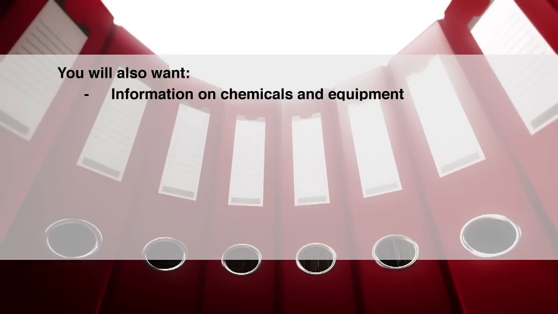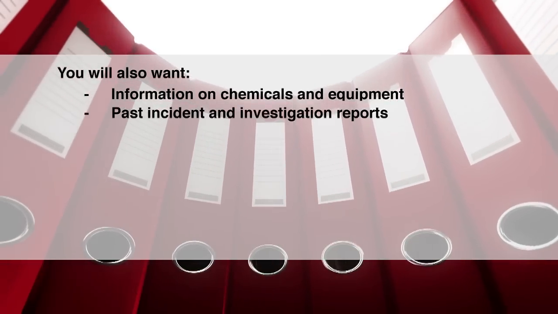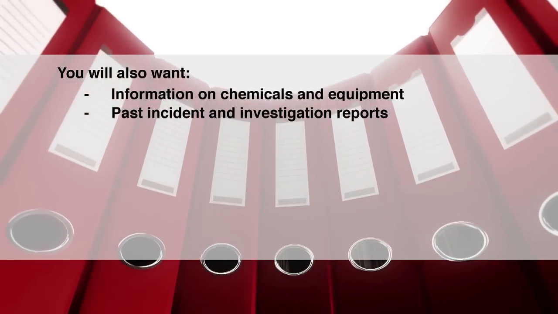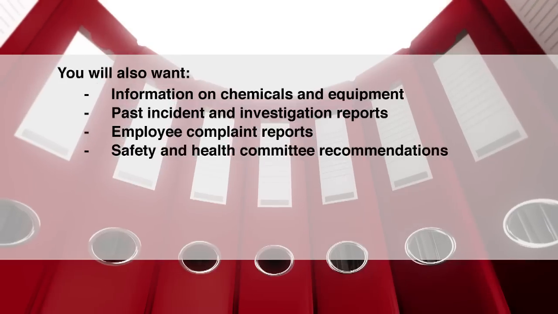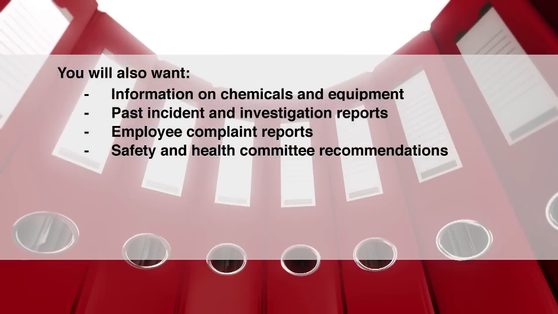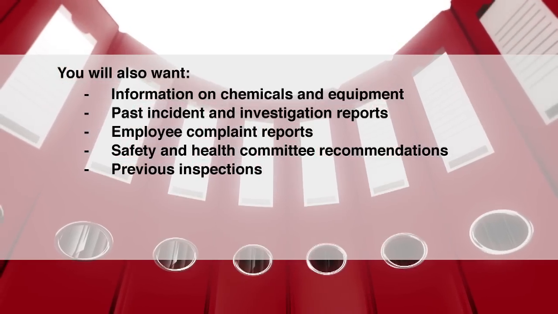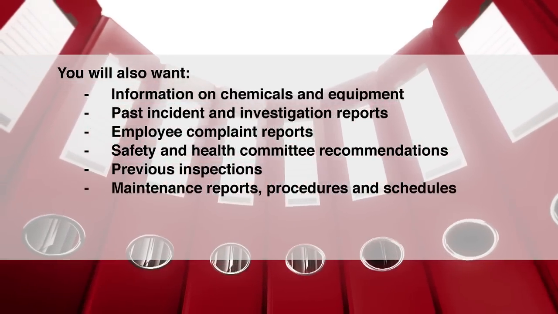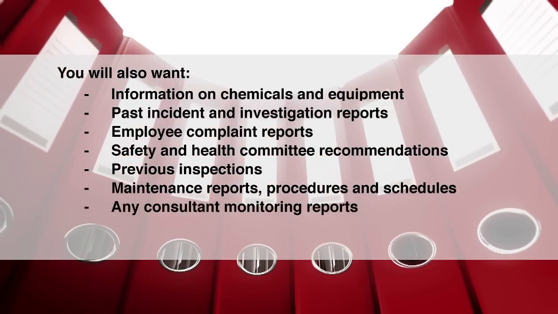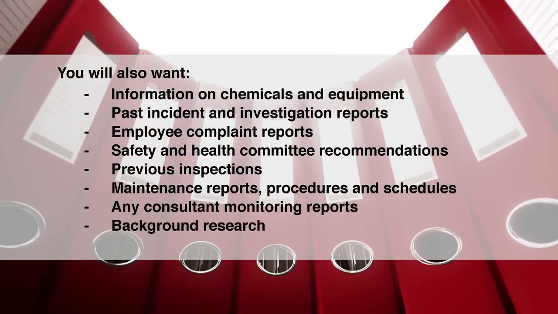You will also want information on chemicals and equipment in the area, past incident and investigation reports so you can review specific concerns, employee complaint reports, safety and health committee recommendations, previous inspections so you can identify repeat conditions, maintenance reports, procedures and schedules, any consultant monitoring reports, and background research as required.